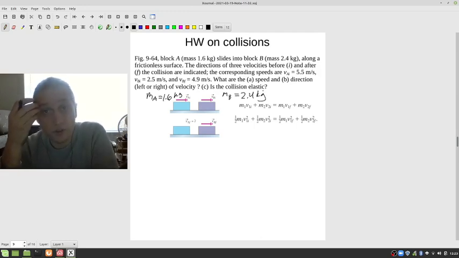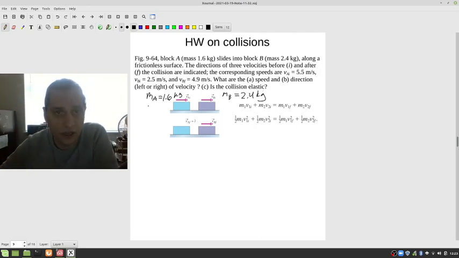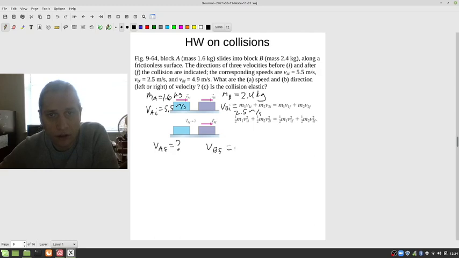The directions of the velocities before and after the collision are indicated. You've got a vA initial, which is 5.5 meters per second, a vB initial, which is 2.5 meters per second, and a vA final, which is not known. That's what you're looking for. You have a vB final, which is 4.9 meters per second.